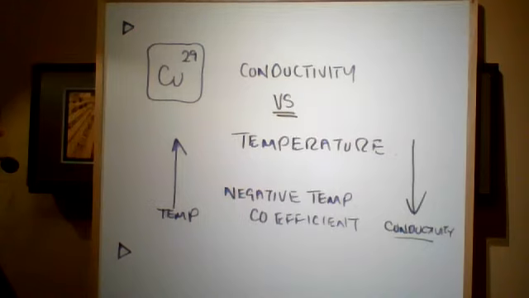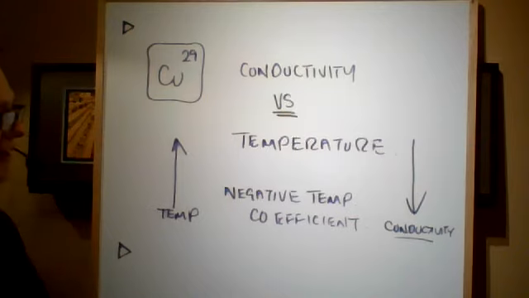Another way of saying that would be to say that as load current flows through the conductor, the temperature of the conductor will increase just due to the current heating effect in the conductor.